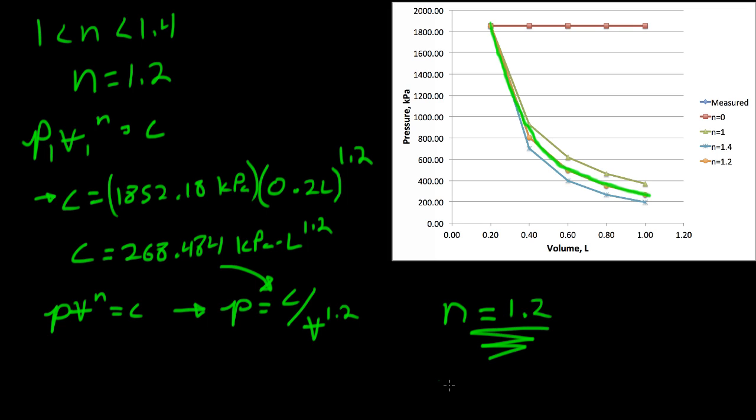Now that we have correctly identified our polytropic constant, n equals 1.2, we can integrate to compute the work done in this expansion process. We start with the integral definition of work. Work is equal to the integral from V1 to V2 of P dV. We solve the polytropic relation for pressure and substitute.